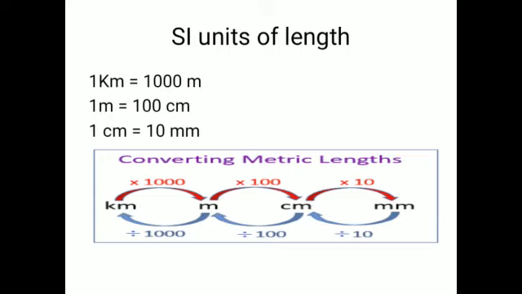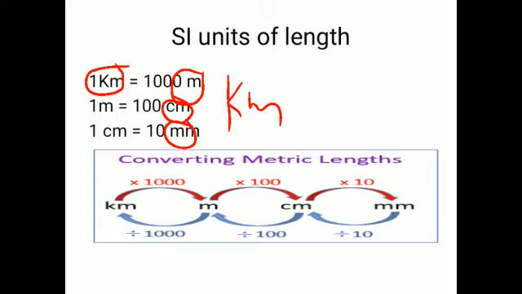So kilometer is the bigger unit, then comes meter, then comes centimeter, then comes millimeter. If I make a descending order of units, first comes kilometer, then meter, then centimeter, and at last millimeter comes.